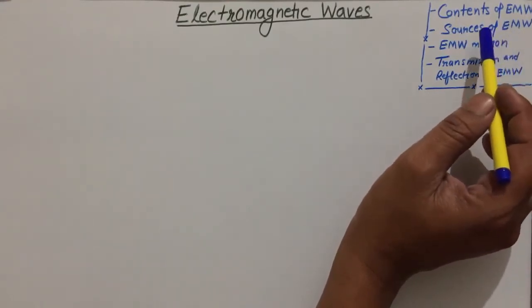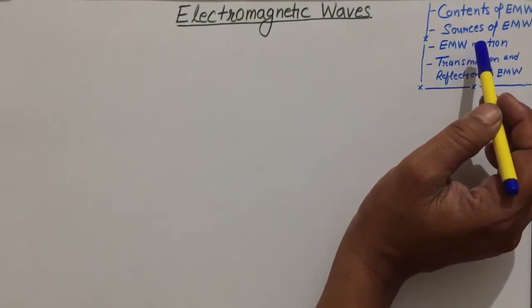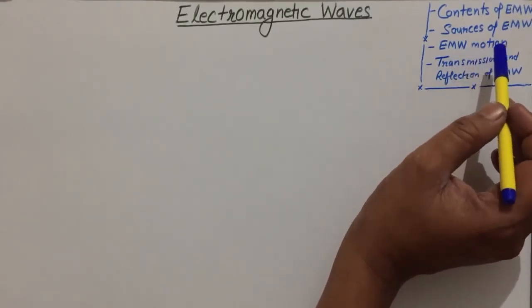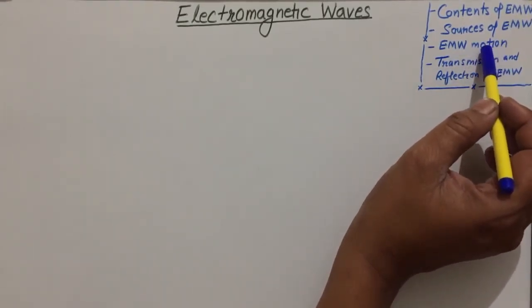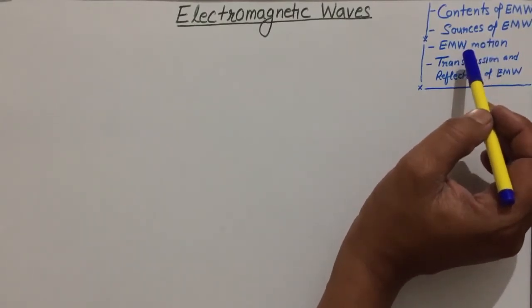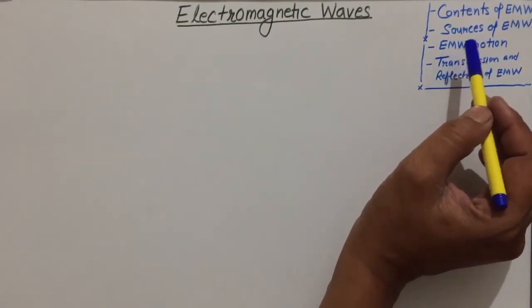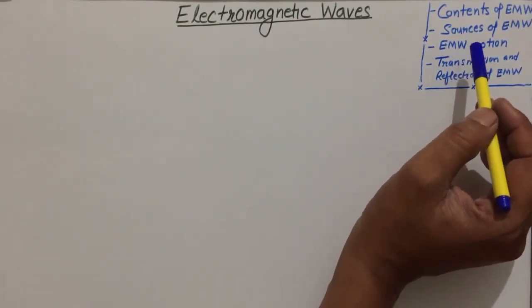And our main focus will be to solve the Maxwell equations and to describe the electromagnetic wave motion in different media such as free space, lossless dielectrics, lossy dielectrics and good conductors.